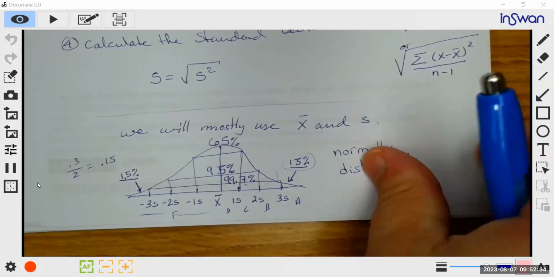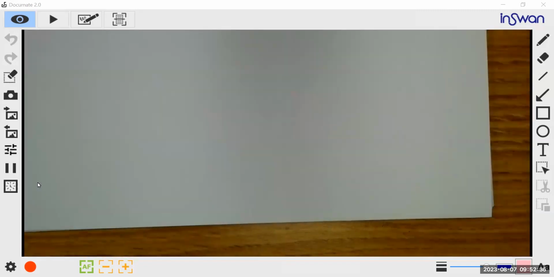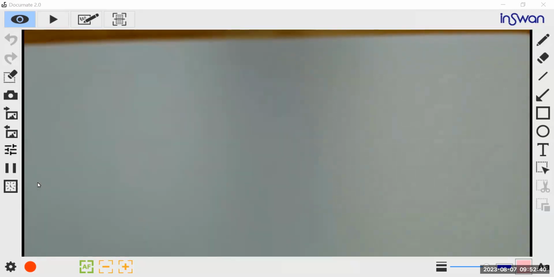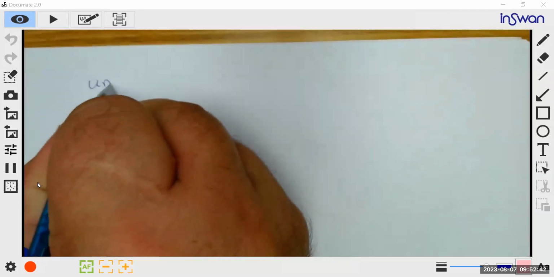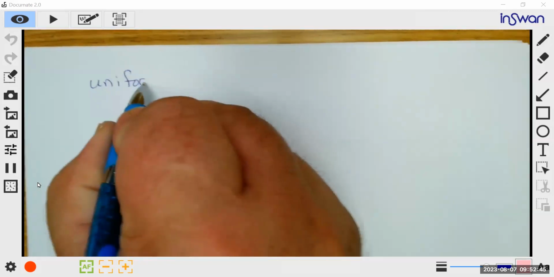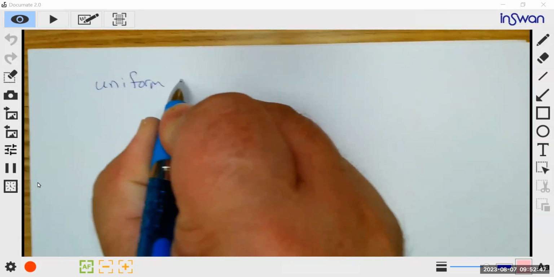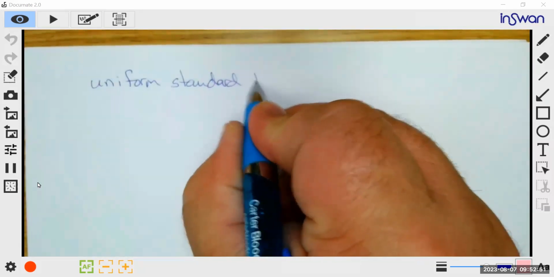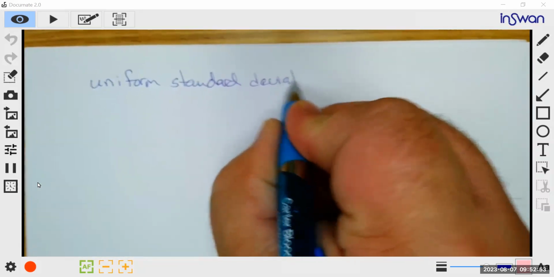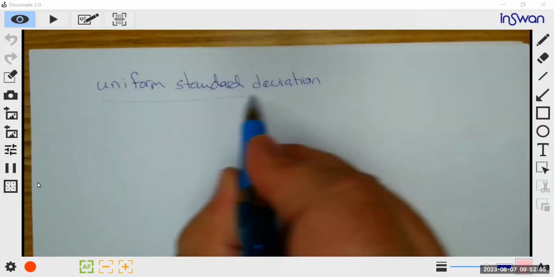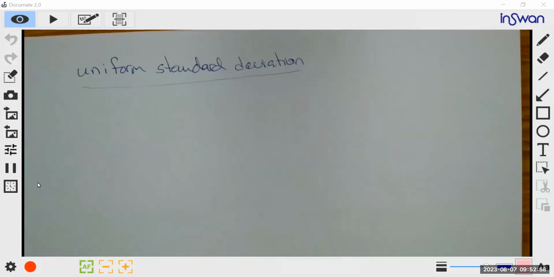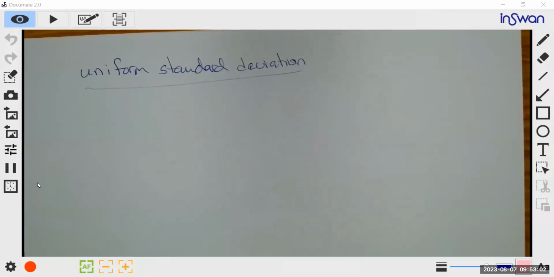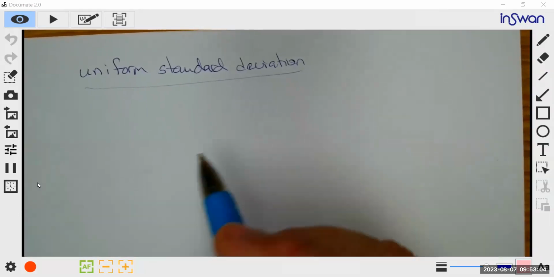But we have other types of deviations. What if we have a uniform standard deviation? When we have a uniform standard deviation, we don't use a bell curve.